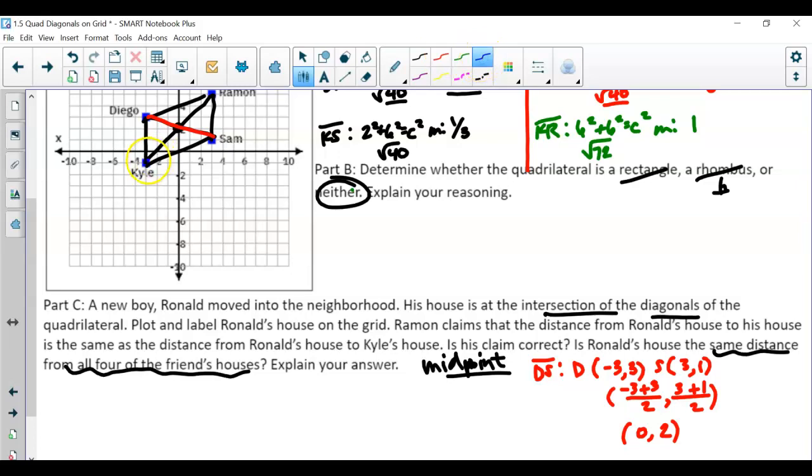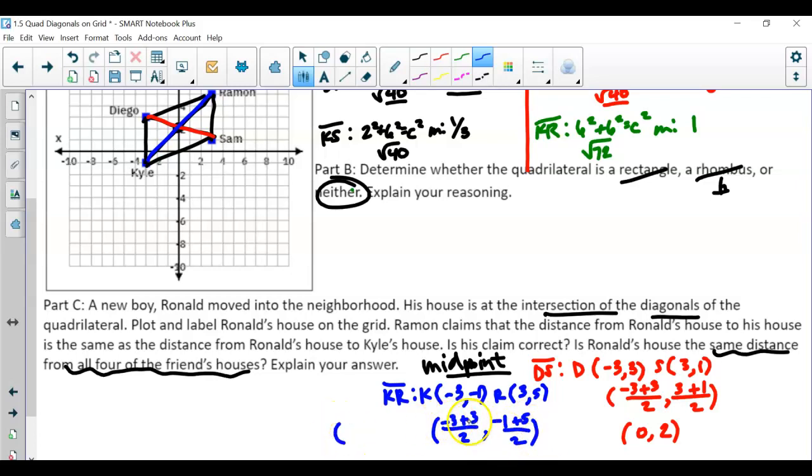So now let's do Kyle and Ramon, KR. K is at -3, -1, and R is at 3, 5. So here, finding the midpoint, -3 plus 3, your two x's divided by 2, and adding the two y's, -1 plus 5 divided by 2.